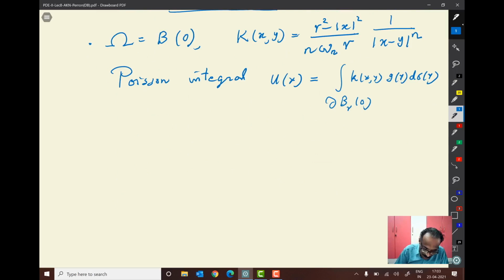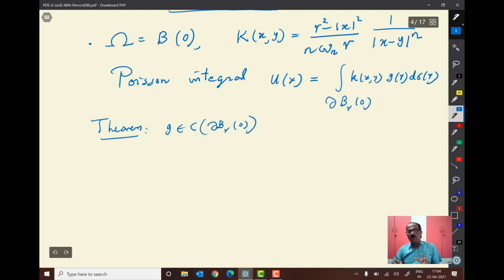And again you have exactly the theorem: g belongs to the continuous functions on the boundary of the ball. Of course you don't have to state boundedness now, because the boundary of the ball itself is a compact set, so it will be automatically satisfied.